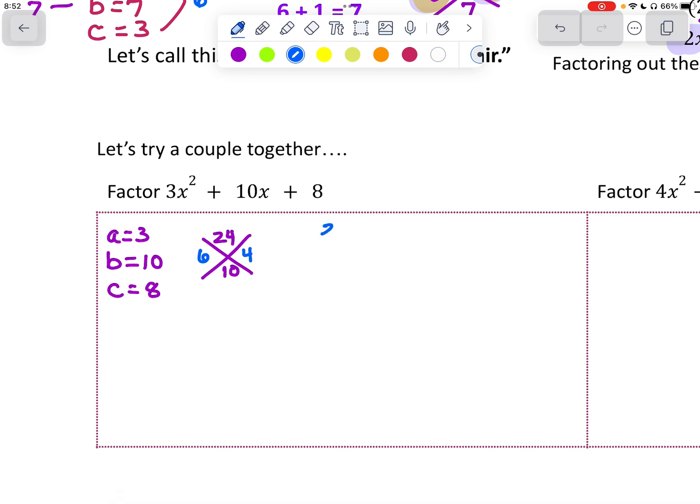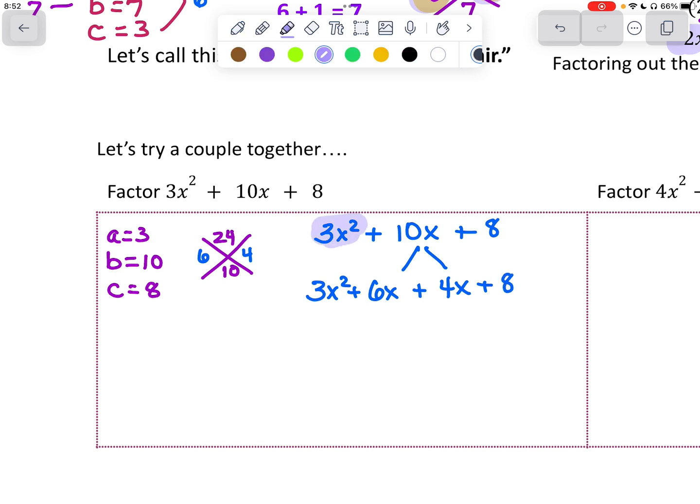So now we're going to take that 10x and split it up into 6x plus 4x. And we're going to group. So notice 3x squared plus 6x plus 4x plus 8. I've just rewritten that polynomial. I haven't changed it, just rewritten it.